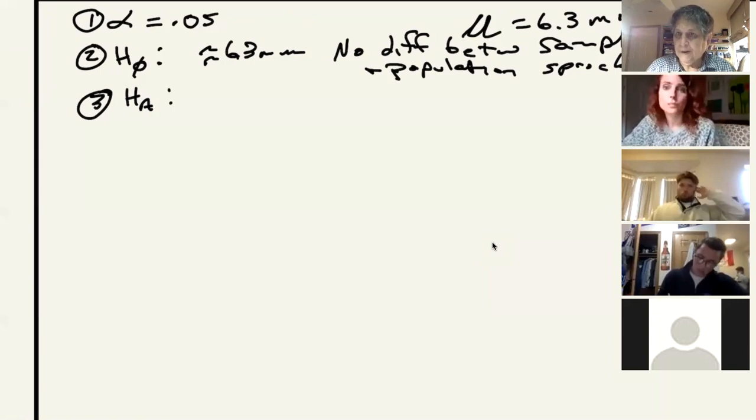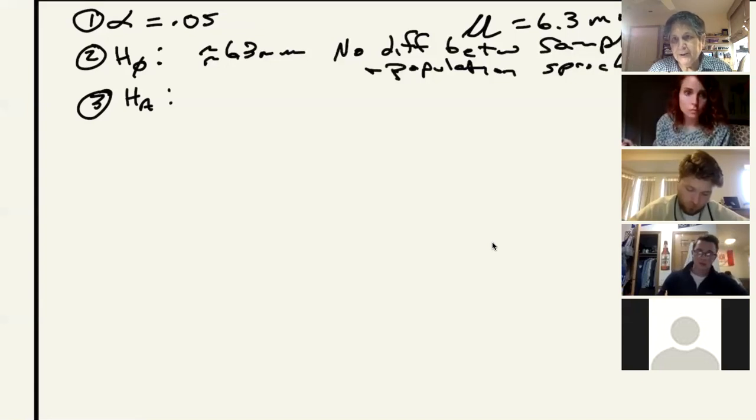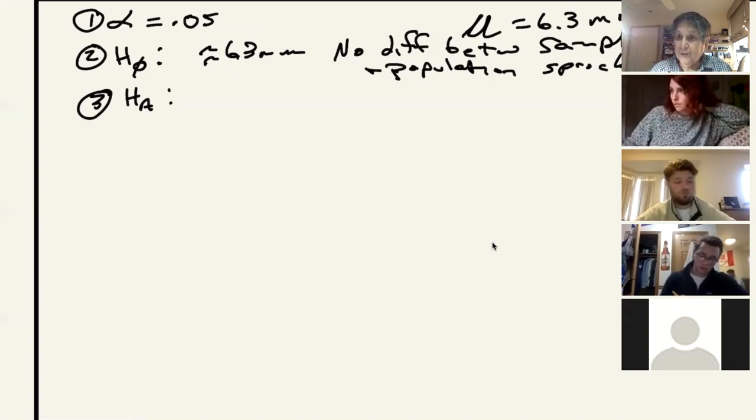The alternate hypothesis: what you have to decide before anything else is how many tails do you want? Do you want to predict that they're going to be bigger, or do you want to just say they might be bigger, they might be smaller? And that's a difference. Since we're just calibrating a brand new machine for this company, we could be wrong in two directions. We could make them too small, or too large, right? Both ways would not be good.